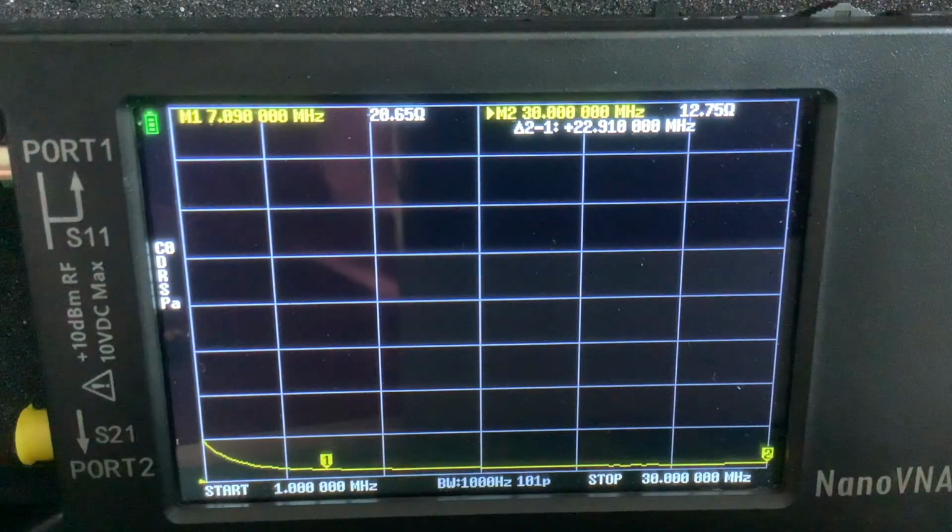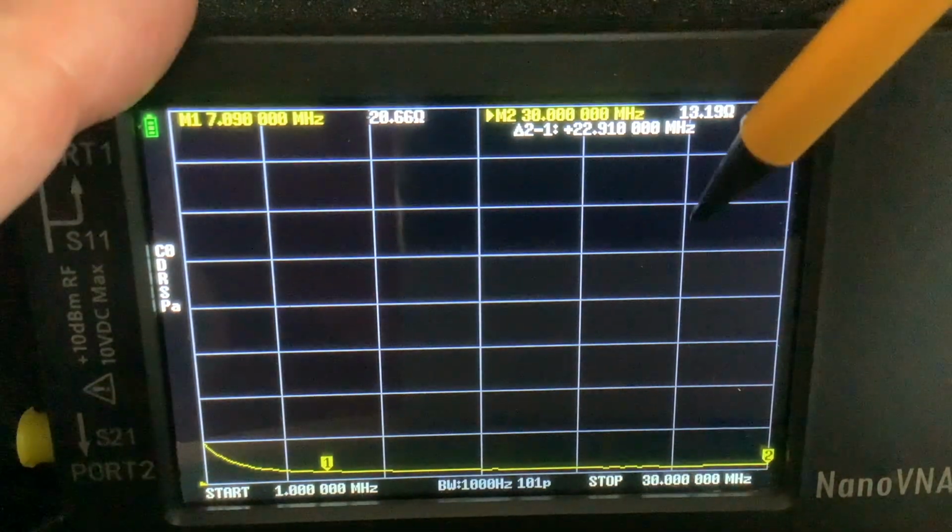So I mean, it's a lot flatter. There's, I think, 12.7 ohms at the top of the 10 meter band and 20.6 at 7.090. So that's certainly flatter there, but it has reduced the input impedance. Let's have a look at the reactance.